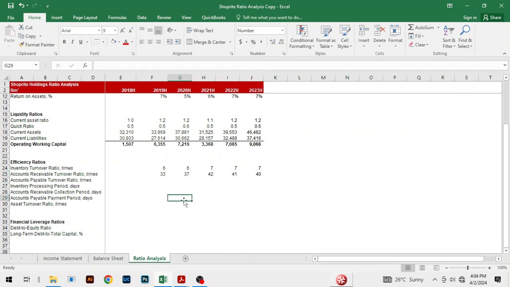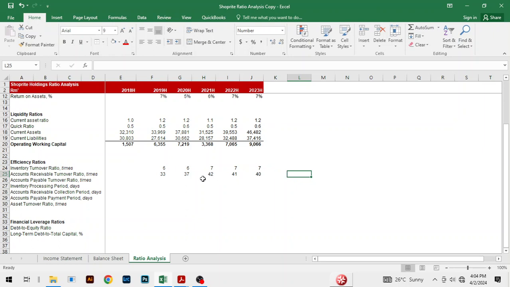So we are saying Shoprite in a year, in 2019, collected money from their customers about 33 times. In 2023, 40 times. So I think they're now speeding up collection of money from their customers, which is a good sign.